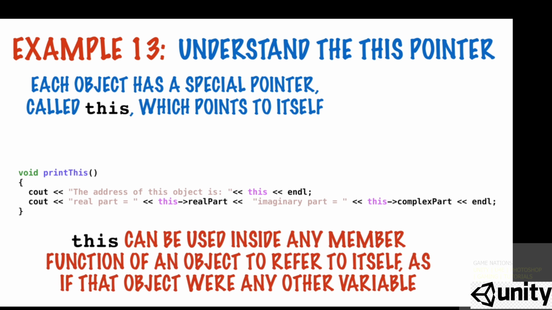It refers to the current object. Note how we can access the member variables using this. This arrow real part prints the real part of the current object, whatever it is, C1 or C2. Similarly, this arrow complex part will print the complex part of the current object. It doesn't matter what that object is, this refers to the current object.